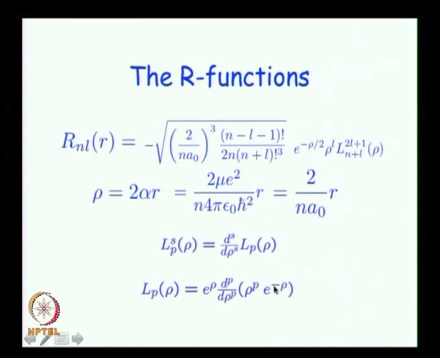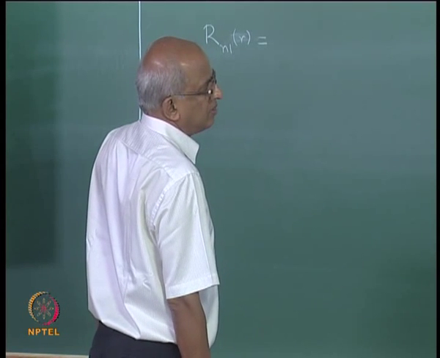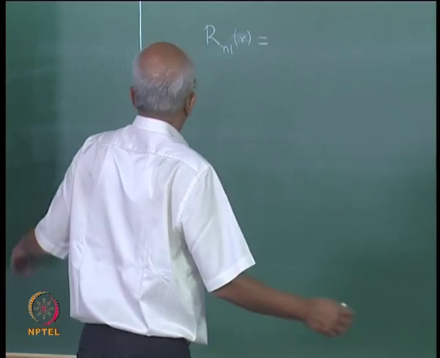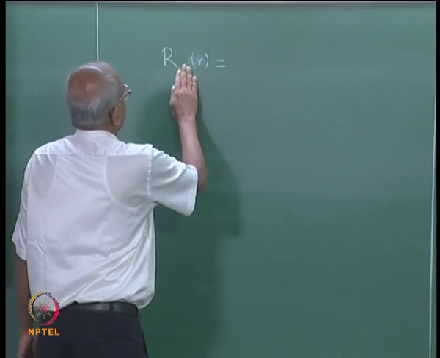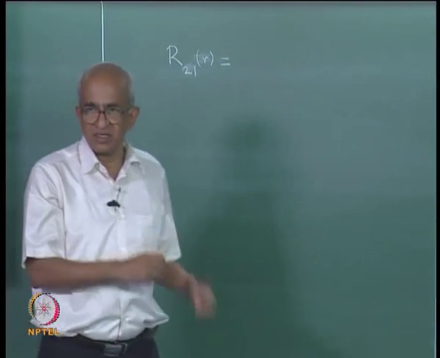Maybe I shall demonstrate this by taking one particular case. We do not have the time to discuss all cases, but one particular case. Which case should I take? Maybe not the simplest possible case, let me just say R21, so that it will be a little bit complicated.